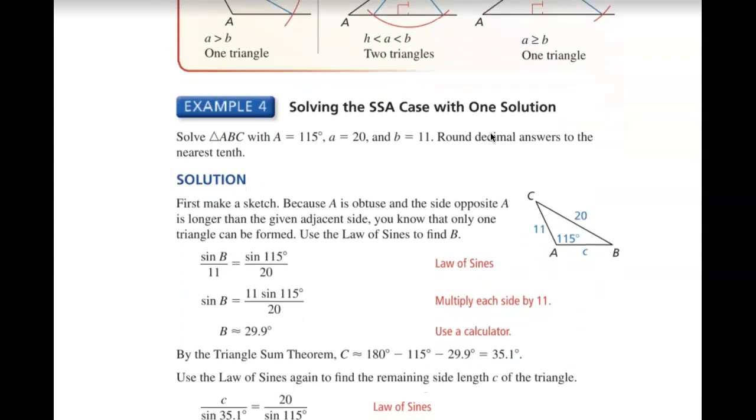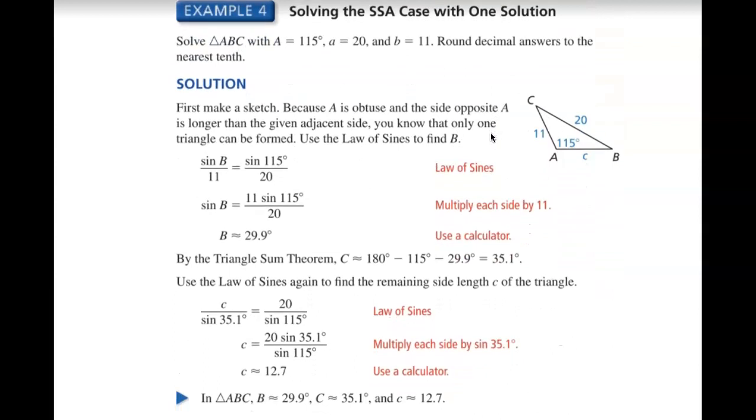And so examples 4, 5, and 6 show us those three possibilities of having one possible triangle, one solution, zero solutions, or two solutions. And just quickly to recap here, the idea is to use the law of sines in order to find the unknown. And in this case, our unknown is going to be angle B, which turns out to be 29.9 degrees. Okay?